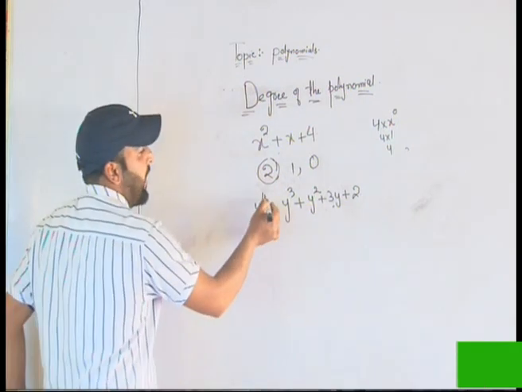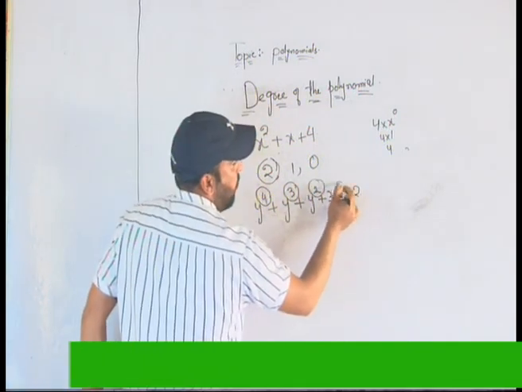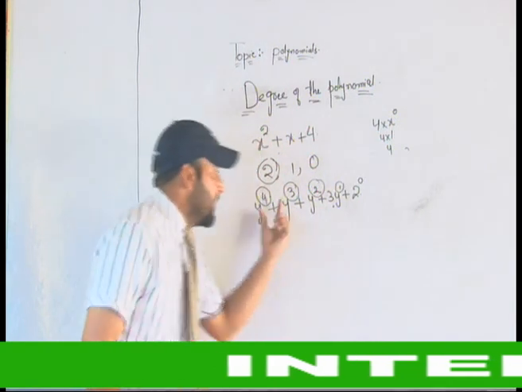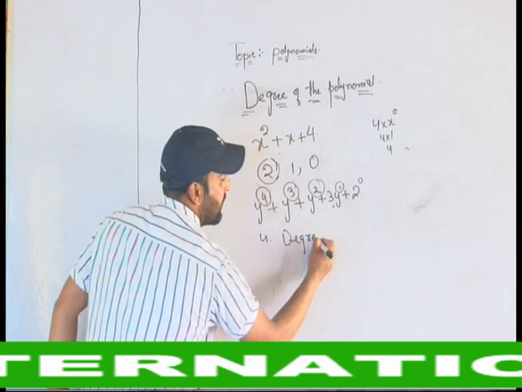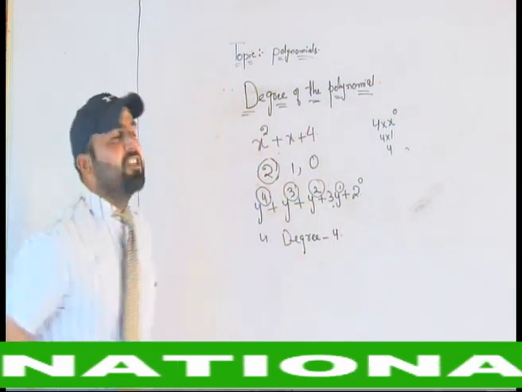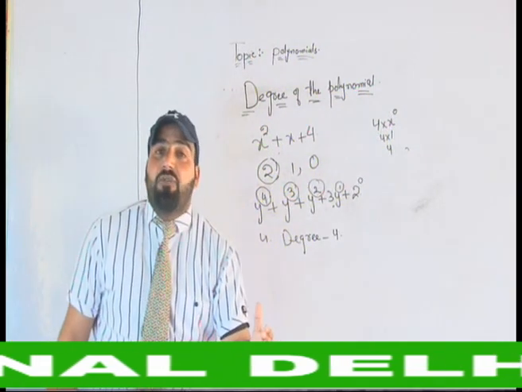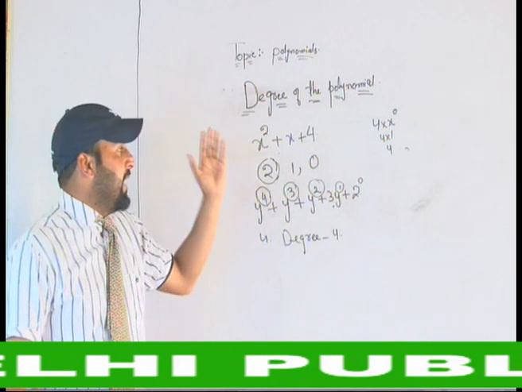Here the exponents of y are 4, 3, 2, 1 and 0. So what is the highest exponent? That is 4. So its degree is 4. So the degree of the polynomial is defined as the highest exponent of the variable.